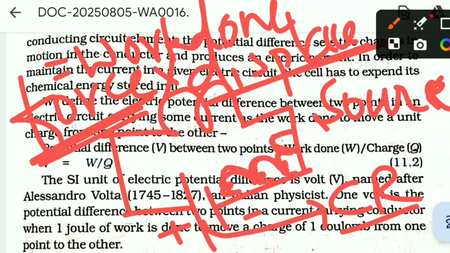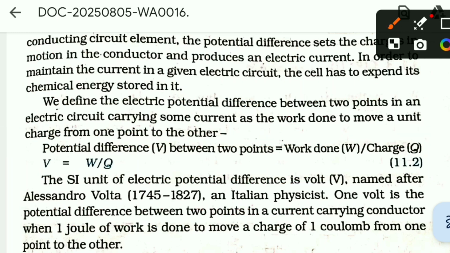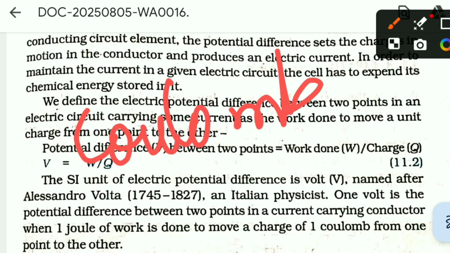Okay, so the definition for this: potential difference is the work done in carrying 1 coulomb of charge from one point to another point in a circuit. Why are we using coulomb of charge here?